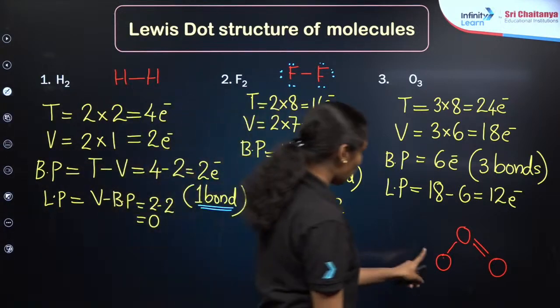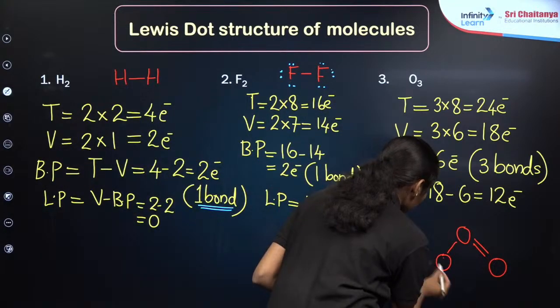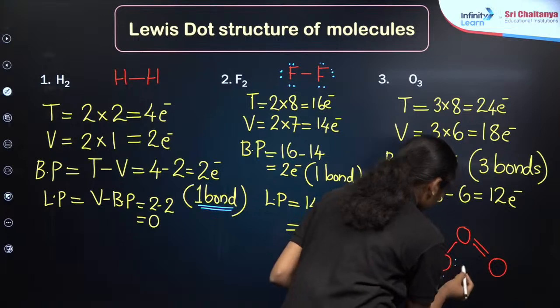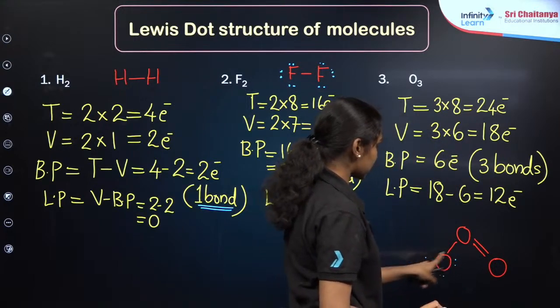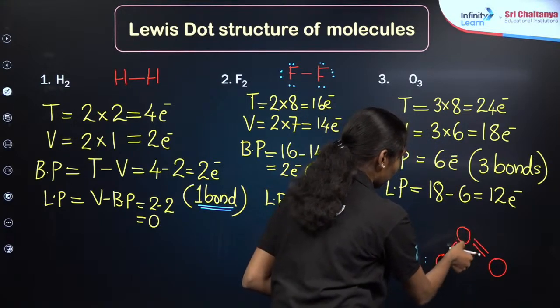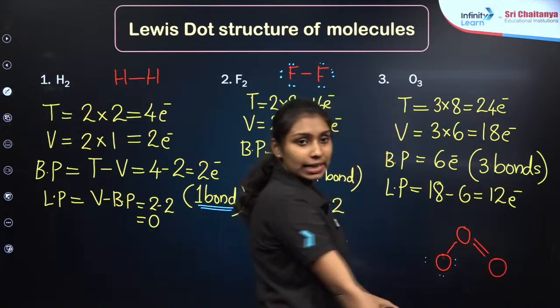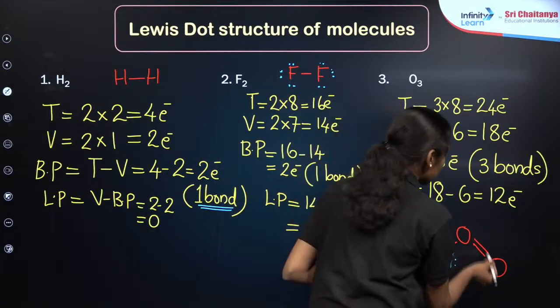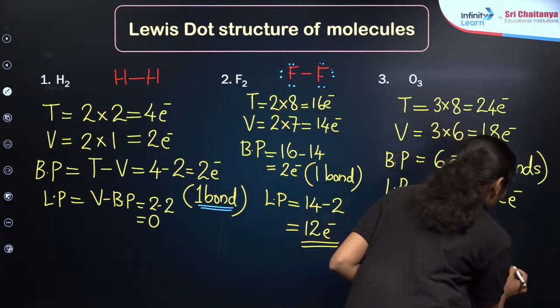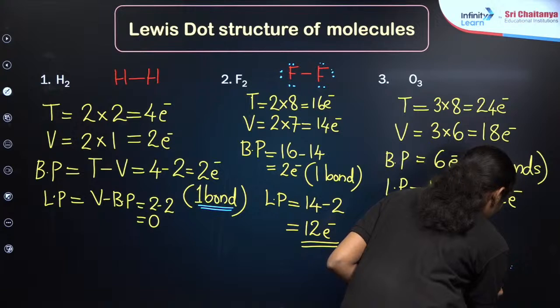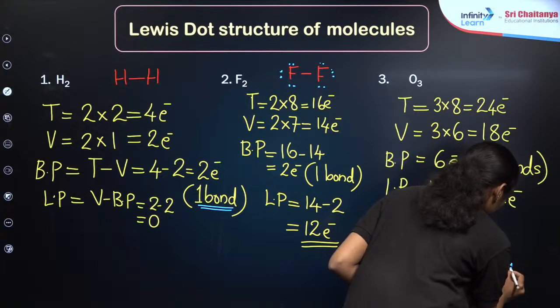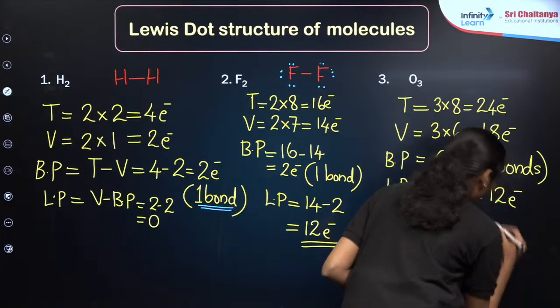Here in this particular case of oxygen, it lacks 6 electrons, right? 1, 2, 3, 4, 5, 6. 6 electrons plus these 2 bond pair electrons, it will obey octet rule. What about here? Here it is 2 plus 2, 4, and again 2 electrons are deficient. This will be the 2 electrons, which represents the lone pair of electrons.